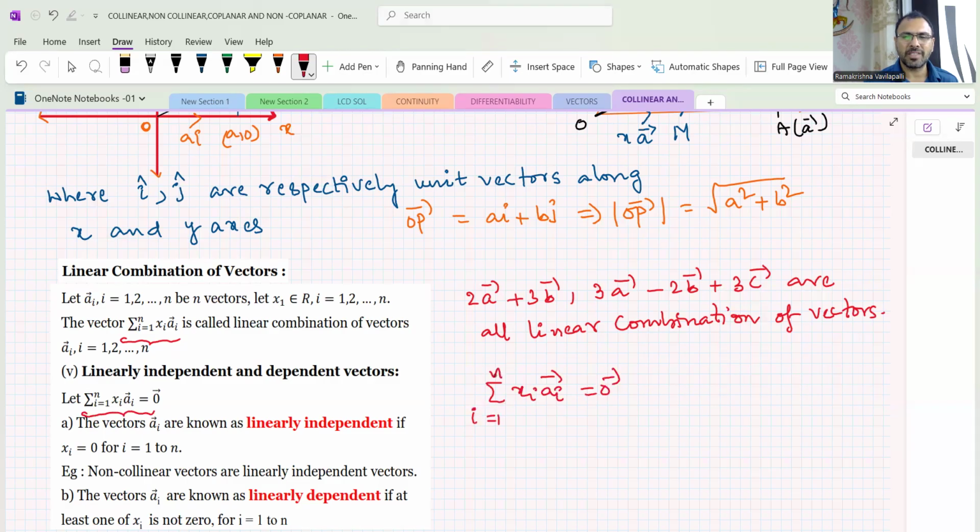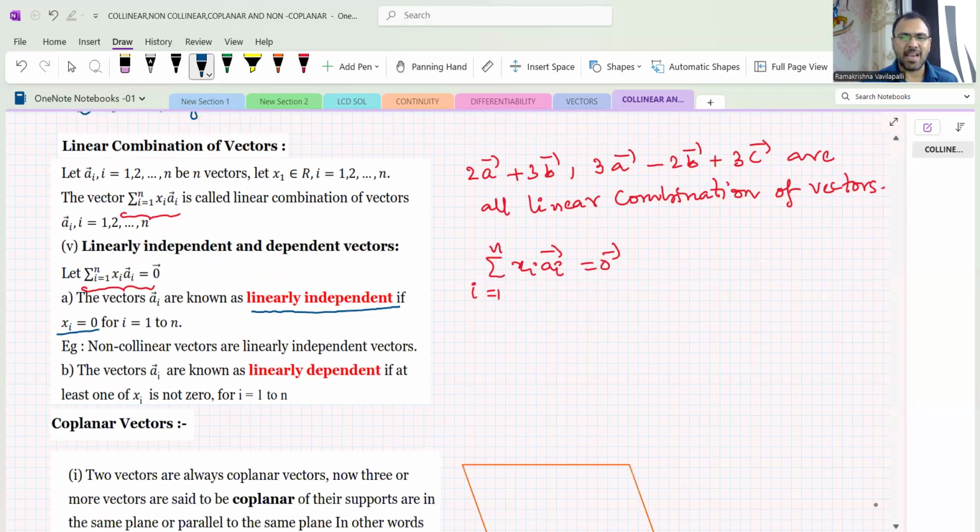If all the scalars we have multiplied are zeros, then the vectors are linearly independent vectors. If at least one of the scalars, say at least one of the xi, is not zero, then the vectors are called linearly dependent vectors.